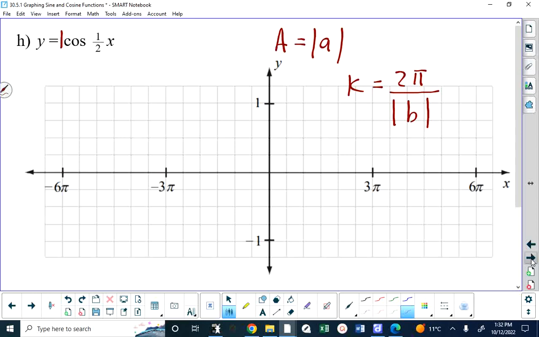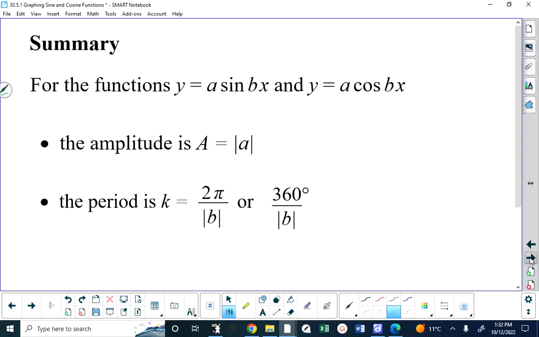Olivia, what's the amplitude? It's 1. And what's the period? It's 2 pi over a half, which is 4 pi. Right? Multiply top and bottom of this little beast by 2, and these cancel, and you're left with 4 pi. That's it. That's the lesson.